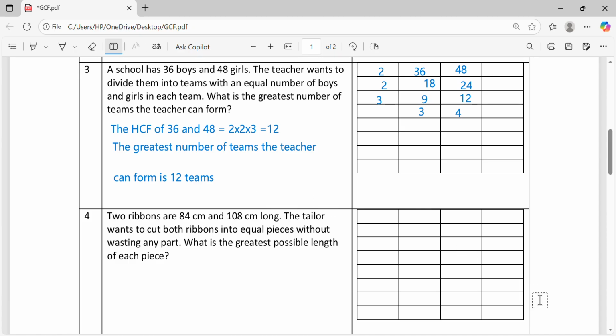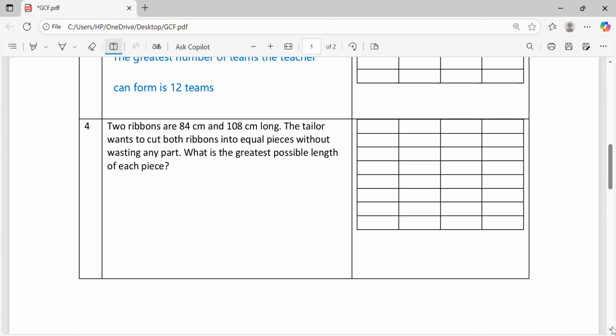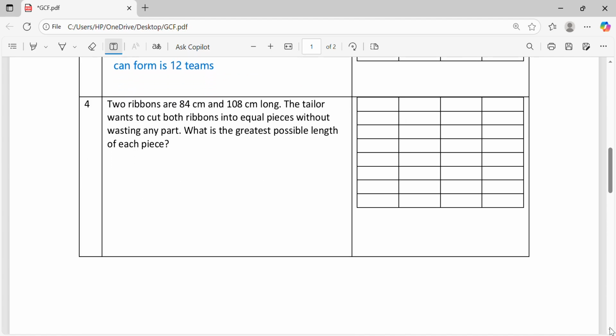Let's try this question number 4 together, and we are still using the table method. Can I first give you time? You do it, and then we compare the result together. Yes, you can use this time. You can pause the video. You first do each question.